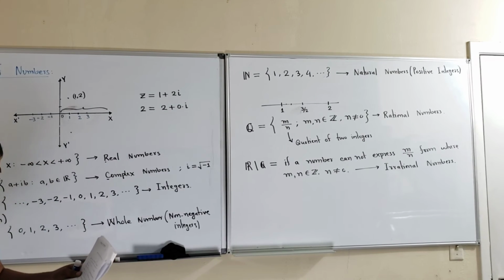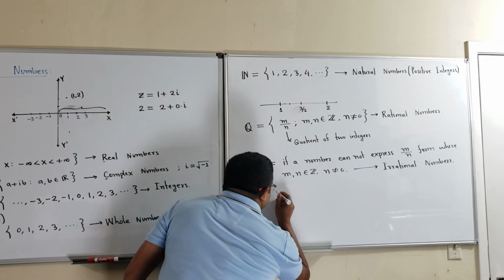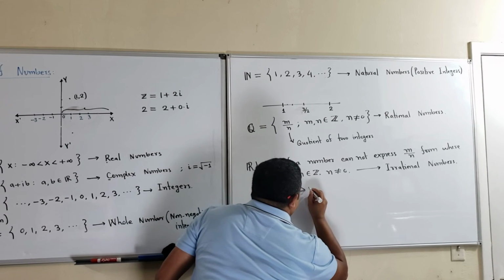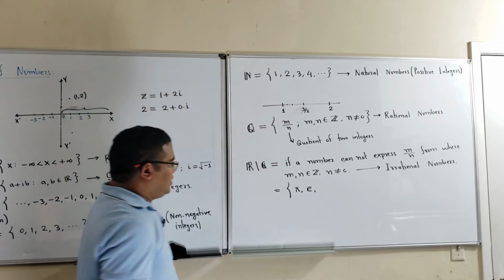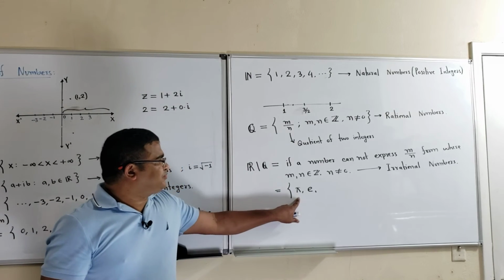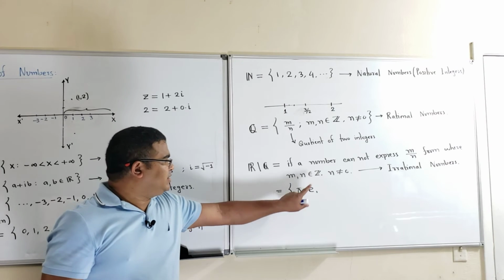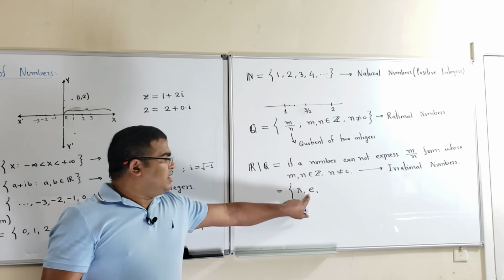For example, pi is an irrational number because we cannot represent it as a ratio of two integers. E is also an irrational number.